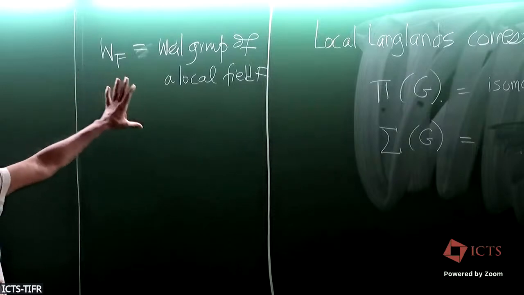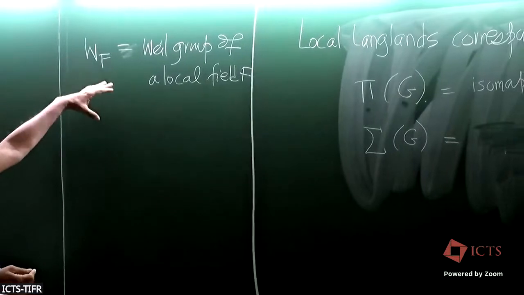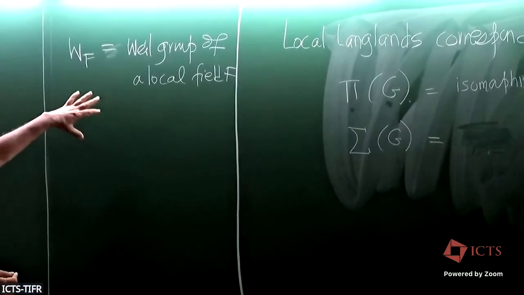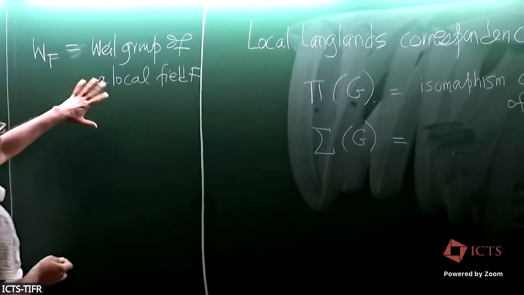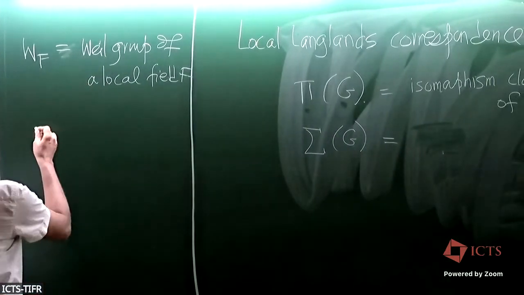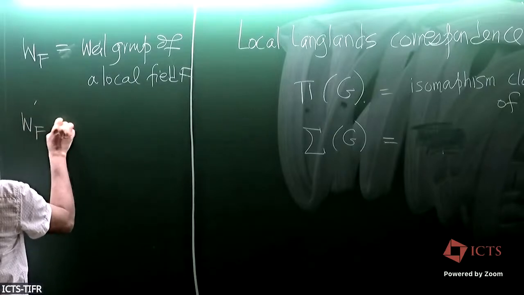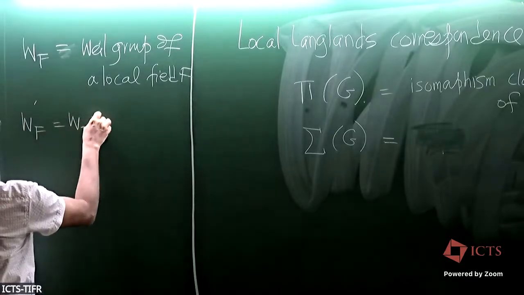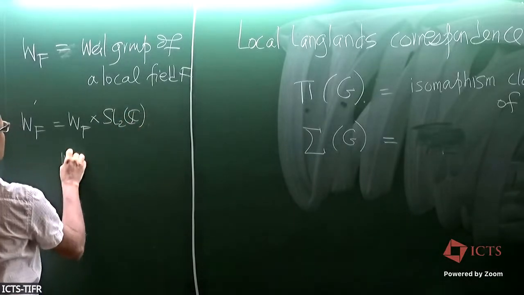If F is p-adic, then not much will be lost if you confuse the Weil group with the Galois group. If F is the real numbers, then it is indeed a bit different from the Galois group. And then there is this W'_F, which is W_F cross SL2(C). And this is called the Weil-Deligne group.